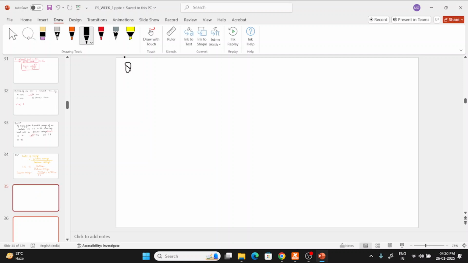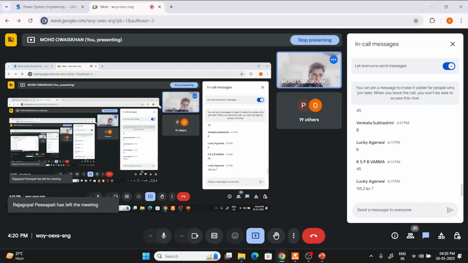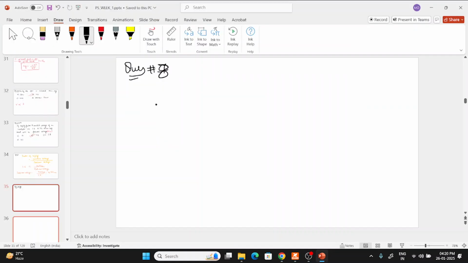Question number 8. A 3 unit insulator is fitted with a guard ring.